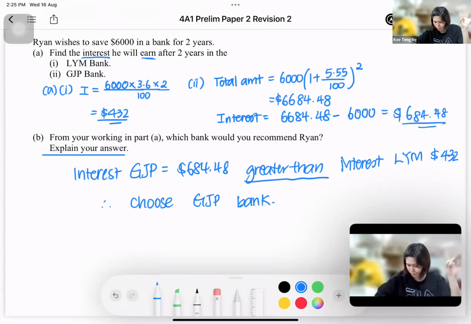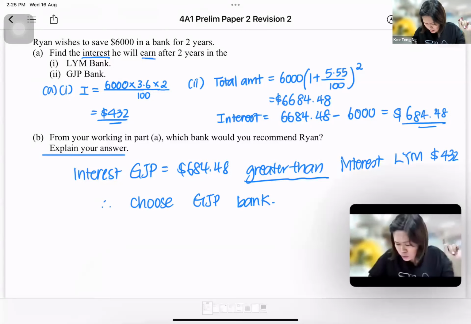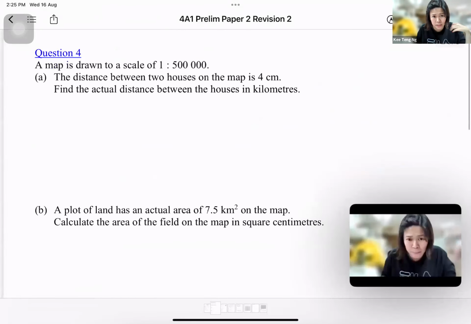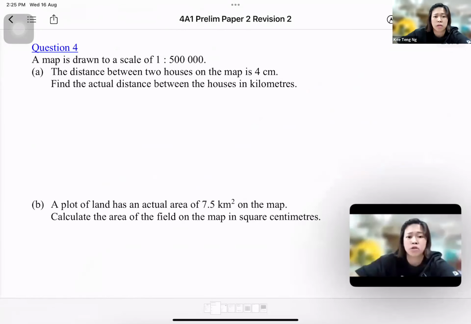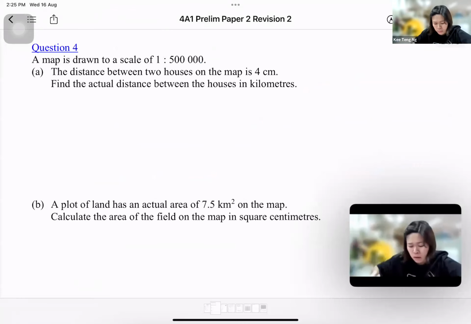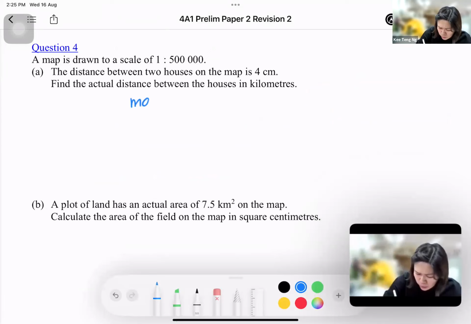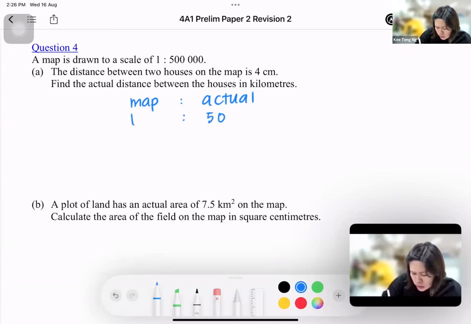Okay. Then I'll go on to the next question. Map and actual area. What we are going to do now is, when we first notice, when you're writing the map scale down here, there is no given units in the first place.